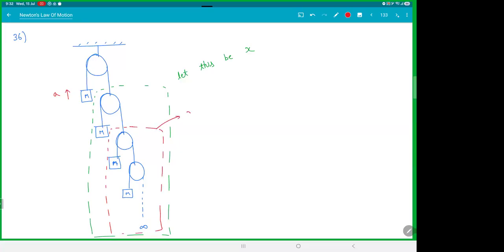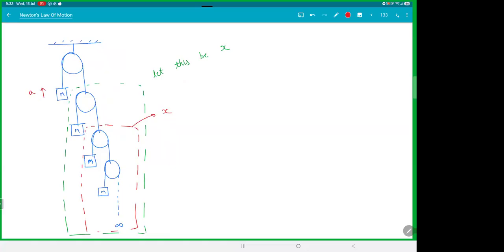So this is also X. Agreed? From the whole system, if I remove one block, it is still X. So now your picture will look like this: M on this side, this is M, and then this was X.